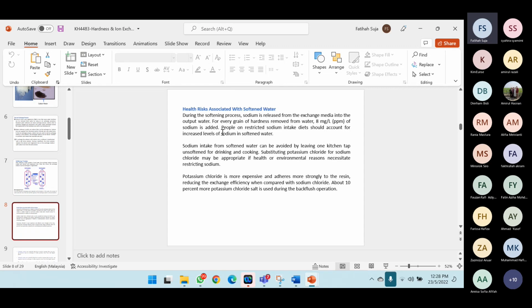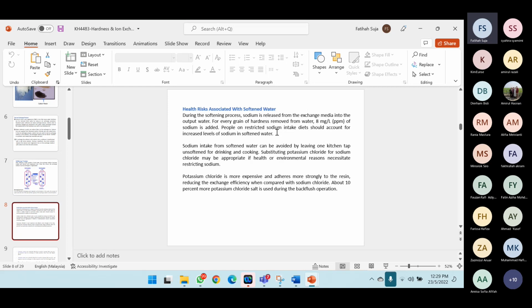Then you have to recharge, meaning that you have to clean the resin of this calcium and magnesium, still using sodium, still using the sodium chloride containing water. So sodium is added, meaning that the water you get will contain a lot of sodium.